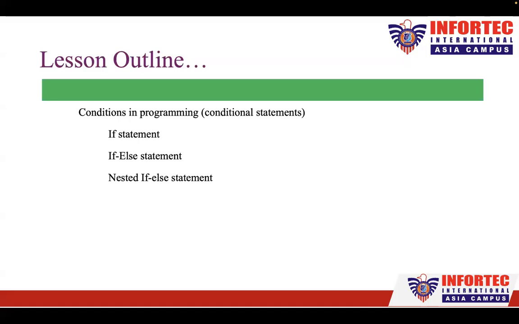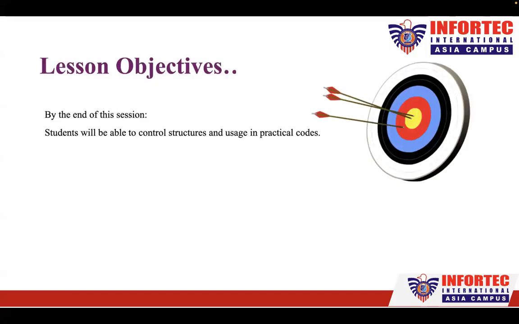Under conditional statements, we have three types to discuss: if statement, if else statement, nested if else statement. From all these three types, the most important are if statement and if else statement. I will do practicals, I will explain the theory, and I will ask you to do some more practicals, right?